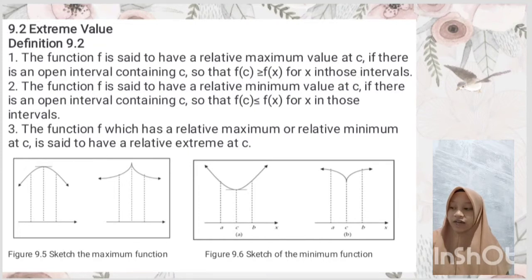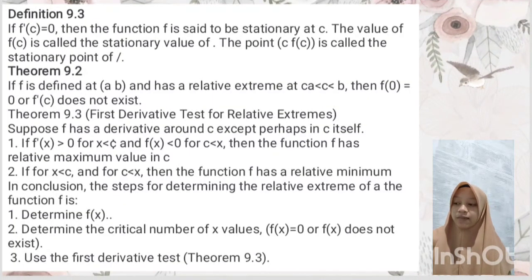The function f, which has a relative maximum or relative minimum at c, is said to have a relative extreme at c. Definition 9.3. If f'(c) is equal to 0, then the function f is said to be stationary at c.